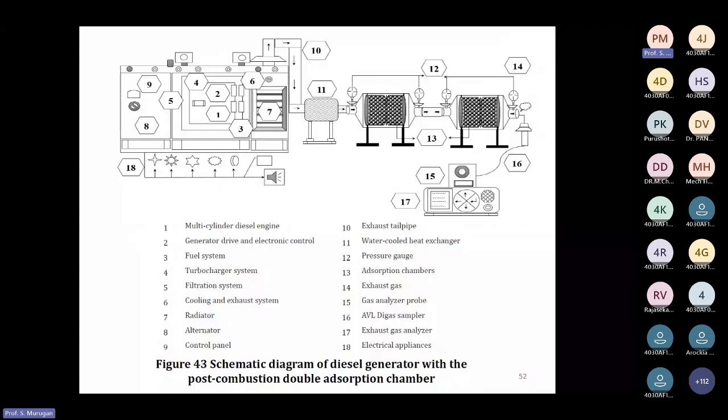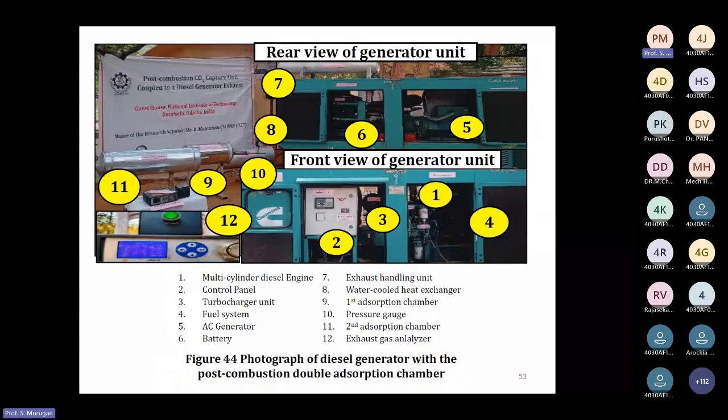Then we conducted with double absorption chamber at the diesel generator exhaust. Here the same kind of setup is shown with a double absorption chamber. And here also we measured HC, CO, NOx and CO2. Summary alone I am just showing because of the time constraint.